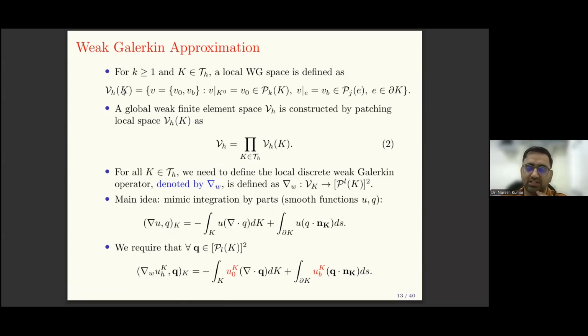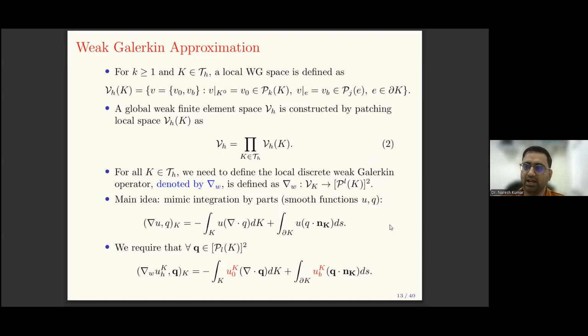And if this function is defined on element K, we call it a local WG space. And when you assemble all the local spaces, then you call it the global space VH. So this is the notation for the global space, and VH on K is a local space.